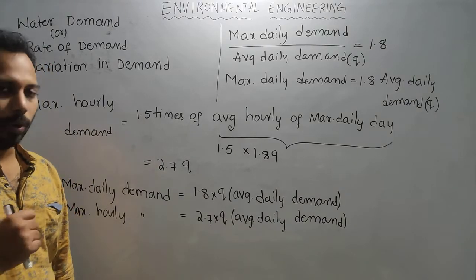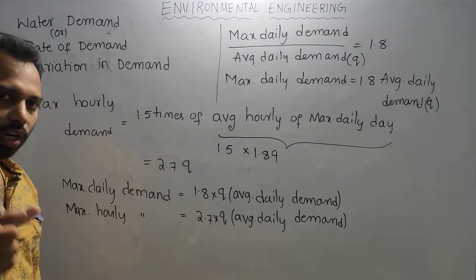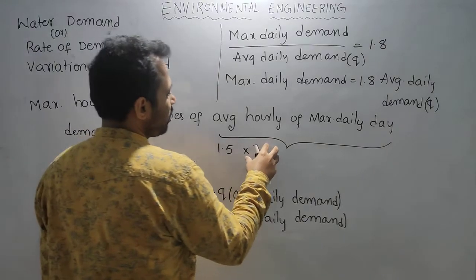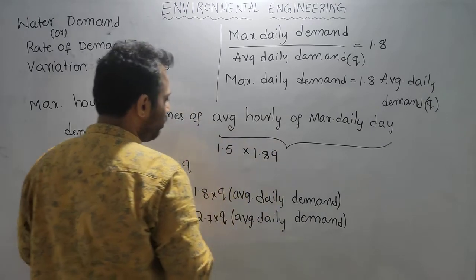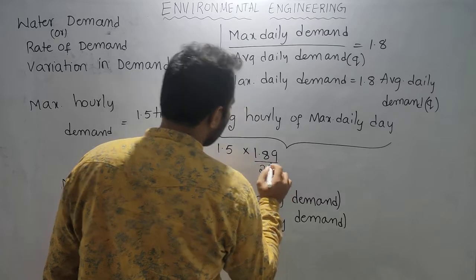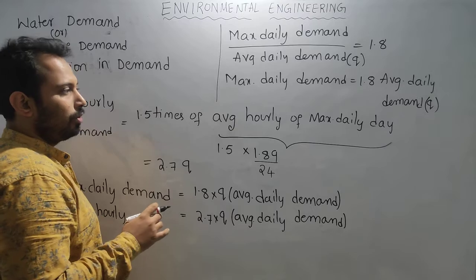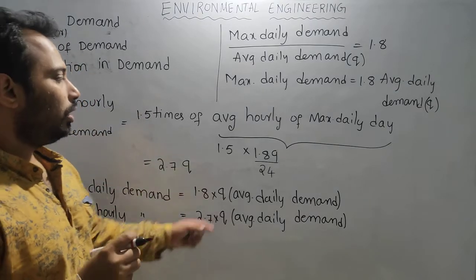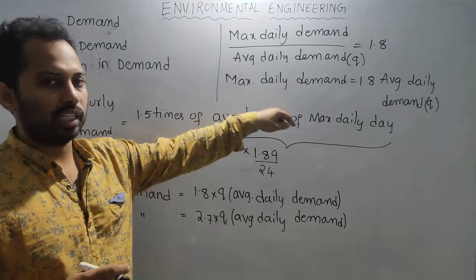So average hourly of maximum daily means, if this 1.8Q is for 24 hours, then it is not average hourly. If you divide it with 24, then it will become average hourly. So whatever 1.8Q, if it was given as total 24 hours demand, then you need to divide it with 24 in order to get the average hourly of the maximum daily day.